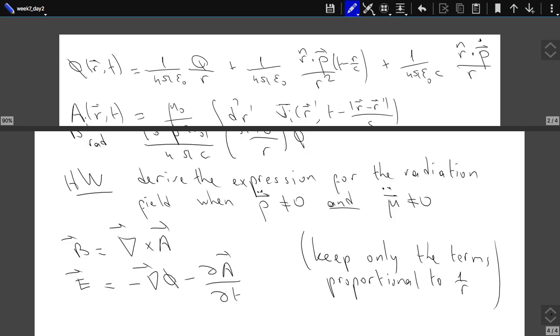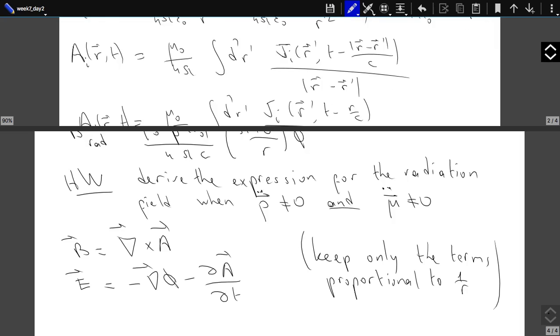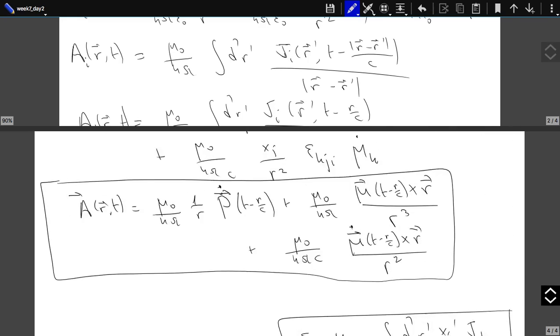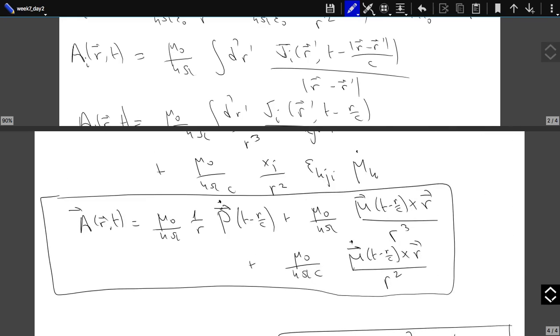You see, when you are taking the curl of the vector potential, you need to take the derivative with respect to position. Position appears here, but it also appears in the time argument of the electric dipole moment and also the magnetic dipole moment.